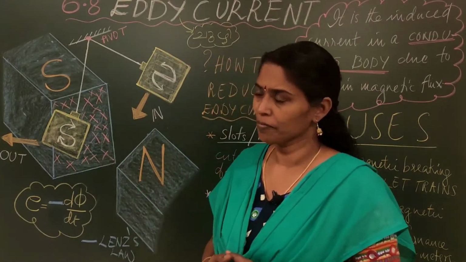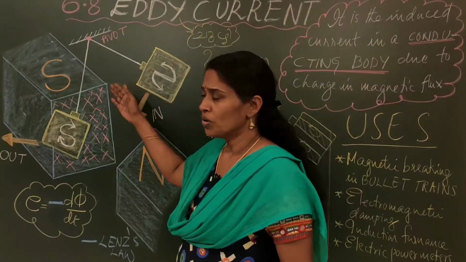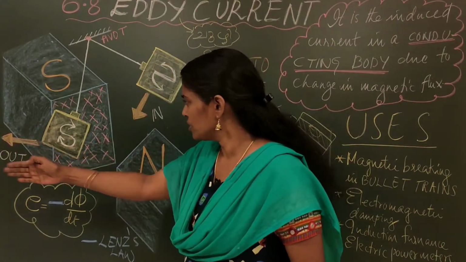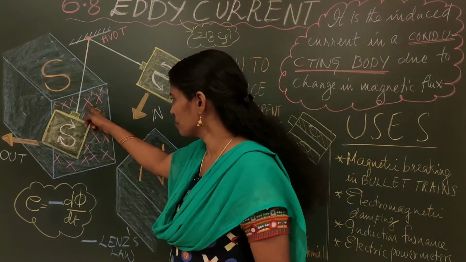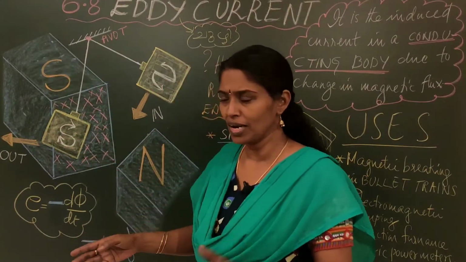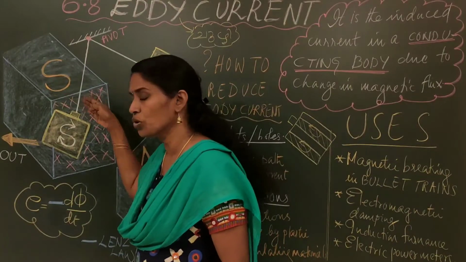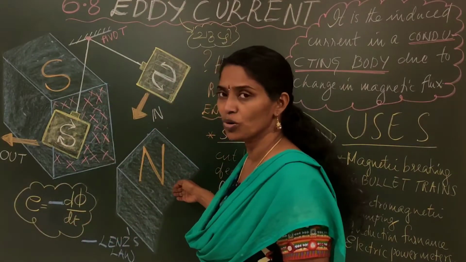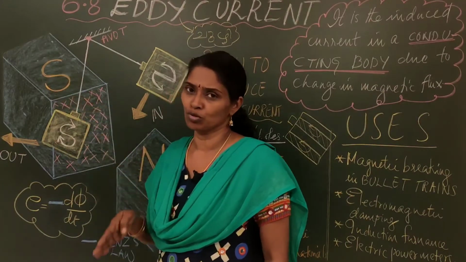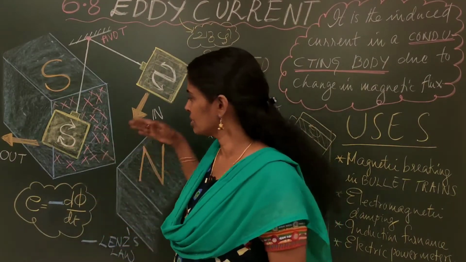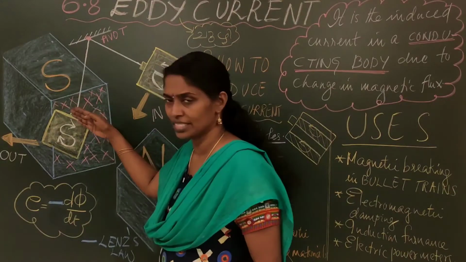What is happening when this is swinging between the magnets? This is the north pole, so the magnetic field lines are going into the south pole of the magnet. This is the direction of the magnetic field lines.